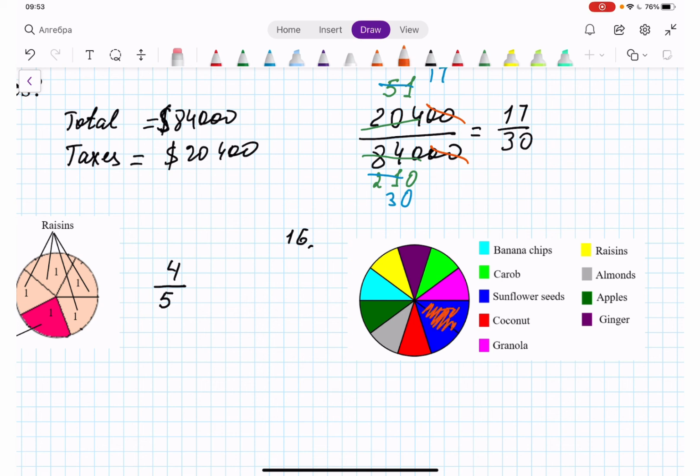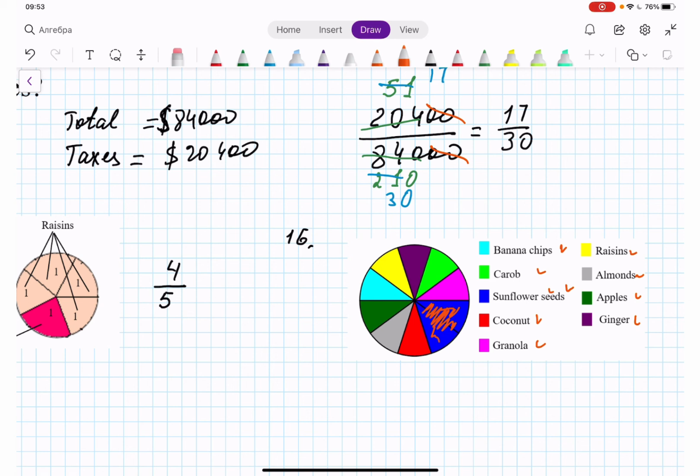1 and 2. So how many total do we have? Actually, since I can count all these colors, 1, 2, 3, 4, 5, 6, 7, 8, 9, and 10 one more time, because we have 2 blue sectors.